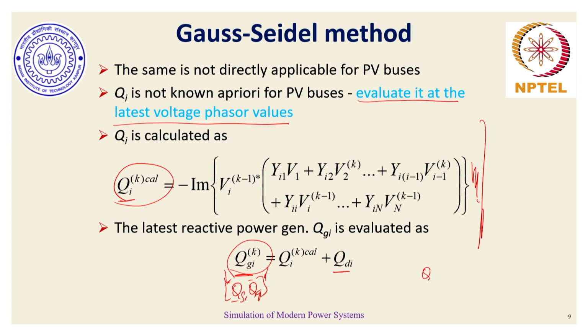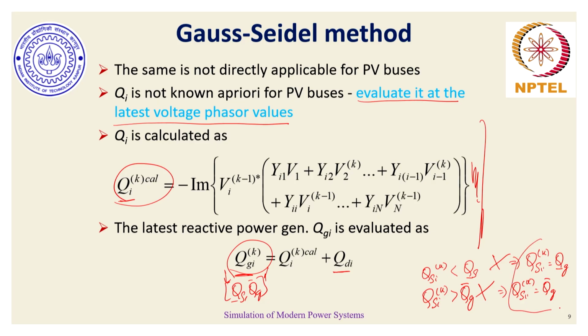If QGi^k is trying to be lesser than QGi lower bar, then physically it is not allowed. The control or practical operation can be that QGi^k can at worst be equal to QG lower bar. Similarly, if QGi at the kth recursion is trying to overgo the upper limit, this is not practically allowed. In that case, QGi has to be frozen or set at QGi upper bar.